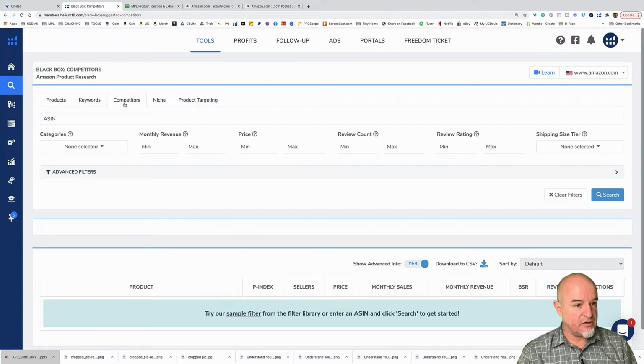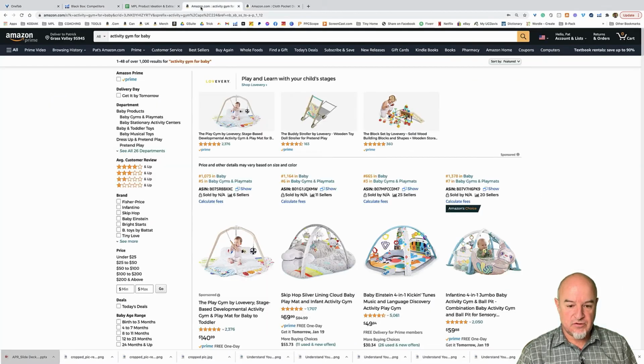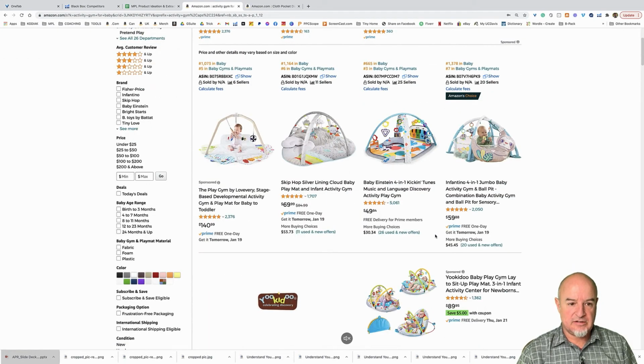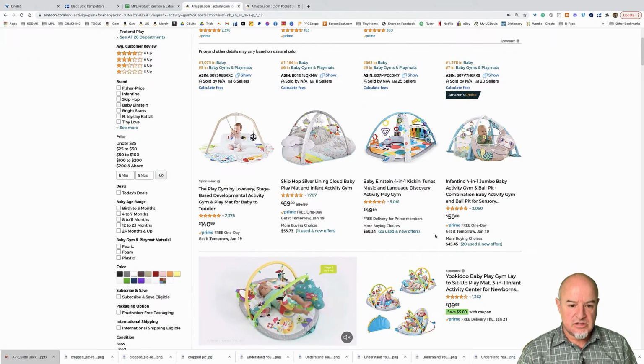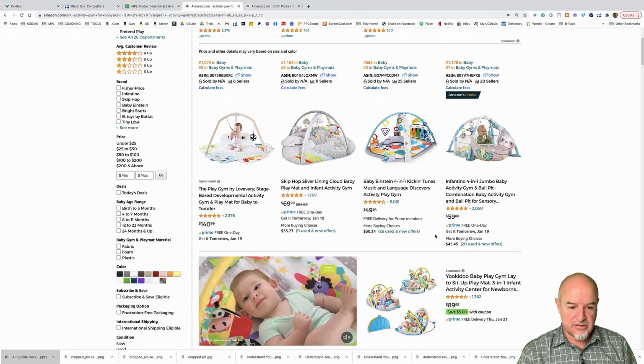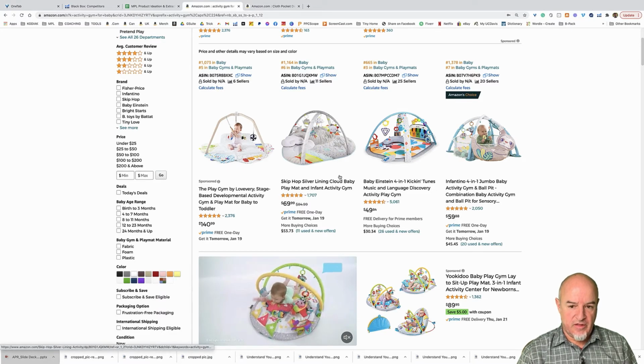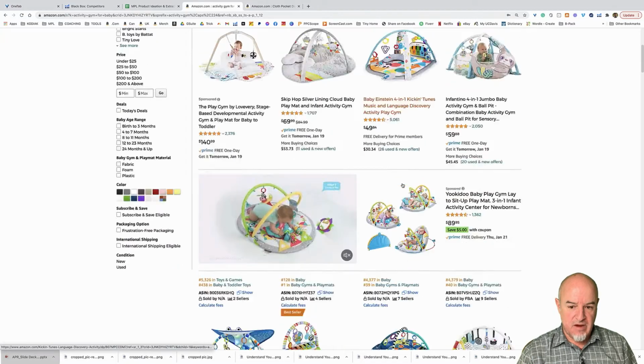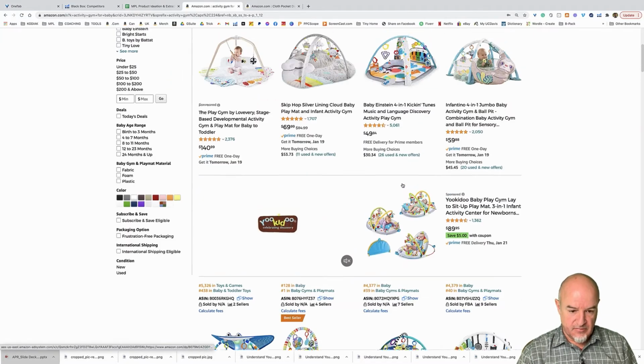So what we can do is pull an ASIN from anywhere, from any search that we're doing. So if we go back to the Activity Gym for Baby page, for instance, let's say we want to go in here and say, okay, so in Activity Gym for Baby, who's some of the top sellers here that may have a product in the price range that we want to investigate, maybe coming into this market?